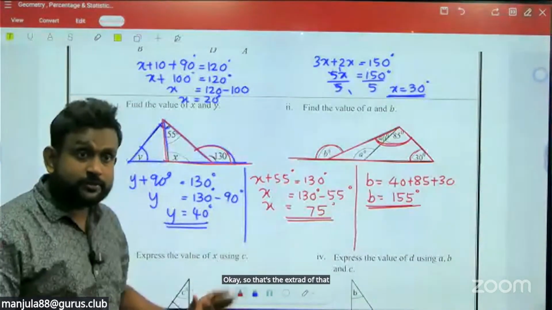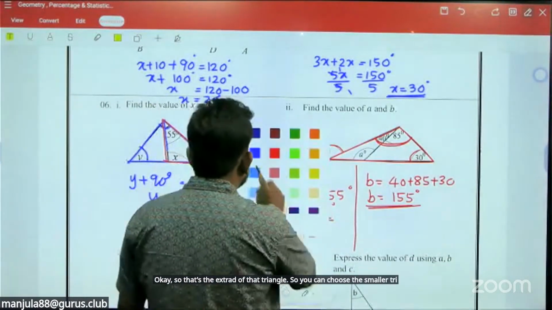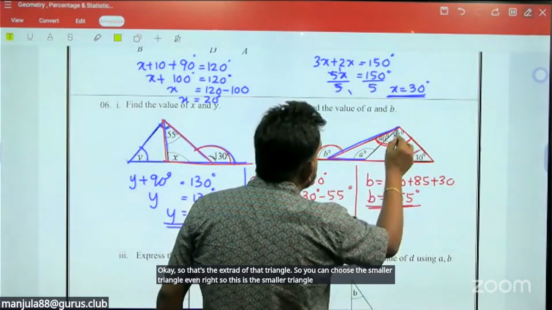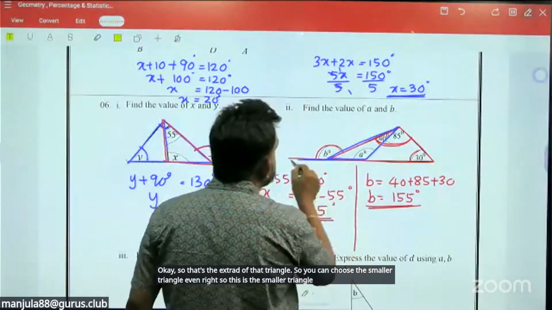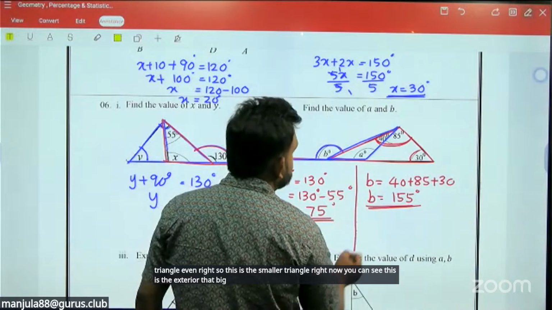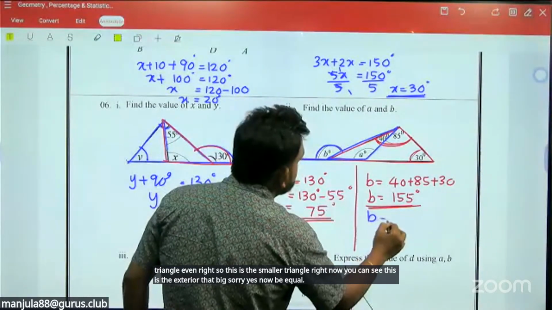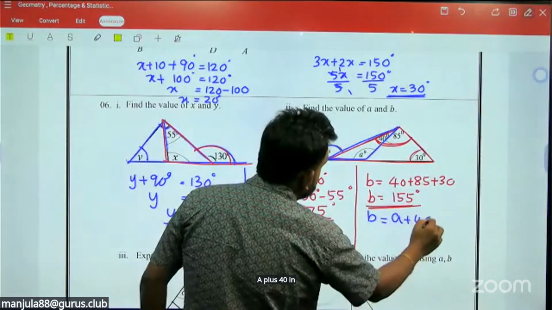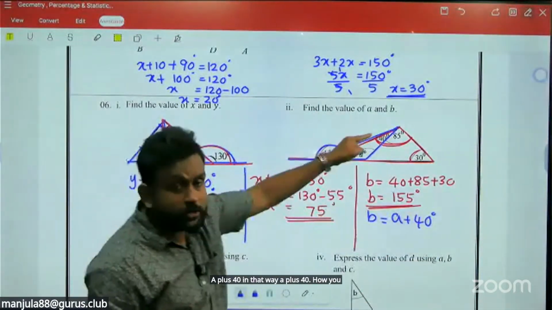So you can choose the smaller triangle even. So this is the smaller triangle. Now you can see this is the exterior, that B equals A plus 40. How do you apply it for this blue triangle?